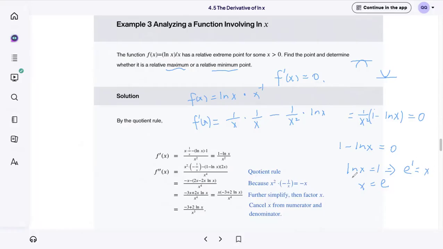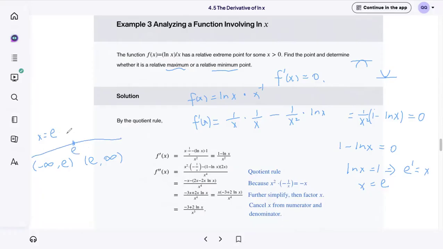So now we have this. The critical point, critical number is e, x equals e. So we can split into negative infinity up to e, and e up to positive infinity, 2 intervals. Right? Let's see, this is the number e.